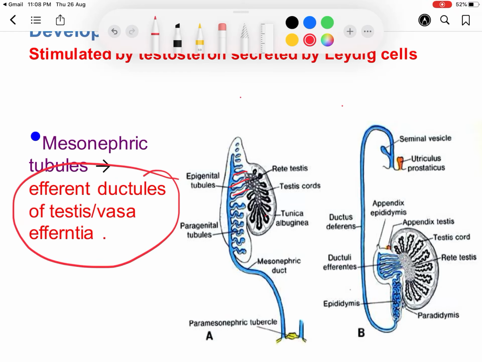Now some tubules in the cranial part and caudal part are not communicated with the rete testis. सो जिनका कम्युनिकेशन नहीं डेवलप हो पाया है रेटी टेस्टिस के साथ, ये क्या बना लेंगी, अपर पार्ट में सुपीरियर एबेरेंट डक्ट्यूल और लोअर वाली क्या बना लेंगी, इन्फीरियर एबेरेंट डक्ट्यूल, ठीक है.